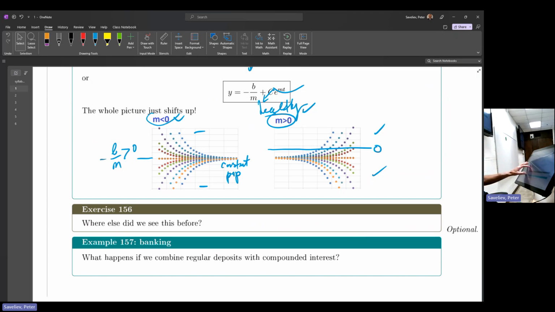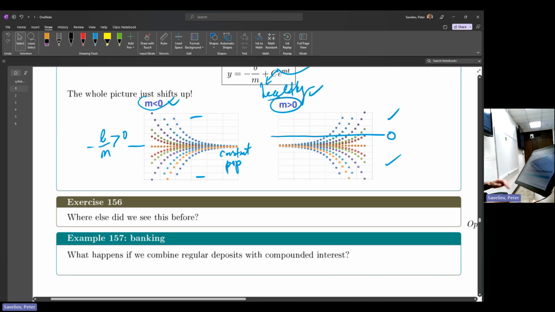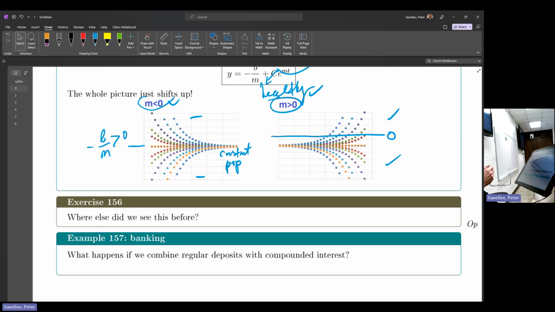What happens if we combine regular deposit with compounded interest? What's going to happen? The amount added to your account every period. Well, no, that's supposed to be your savings.